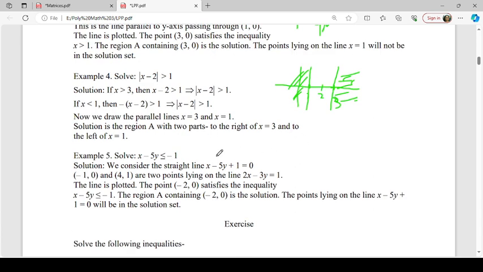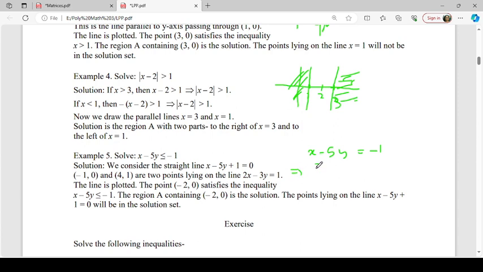Then solve x minus 5y is less than minus 1. Same procedure, we draw the line x minus 5y equal to minus 1.